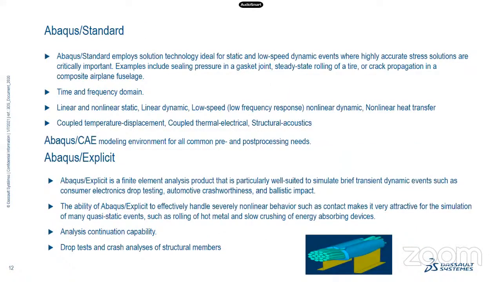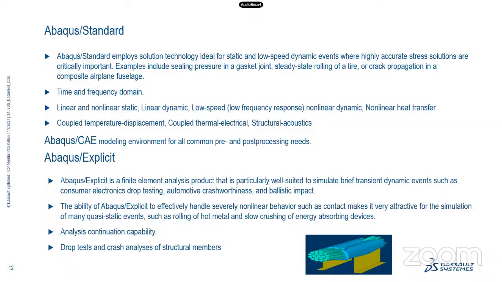So I will just go through what capabilities are there in individual tools, like Abaqus Standard. Abaqus Standard employs solution technology ideal for static and low-speed dynamic events, and where highly accurate stress is needed, we will prefer highly accurate solutions.